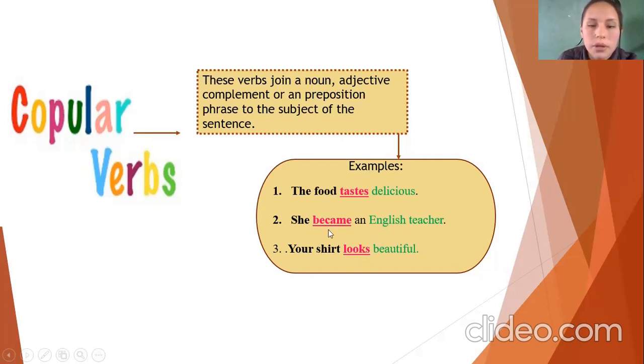The copular verb looks is joining the adjective complement with the subject. If we take out the adjective, the complement, the sentence will be unclear, of course.